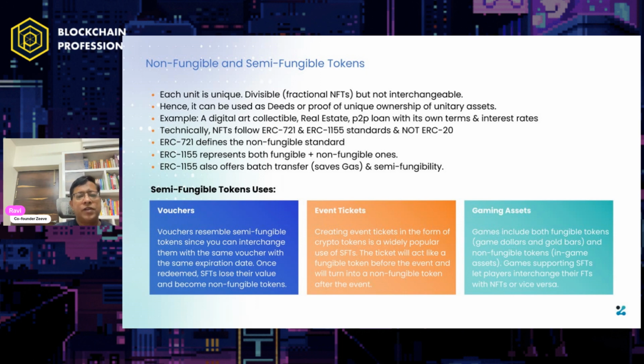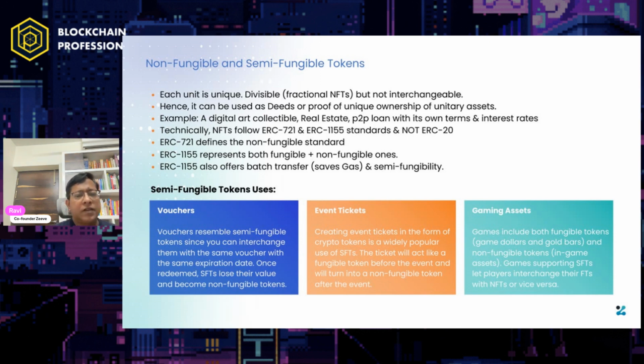If you go to OpenSea, Rarible, any NFT marketplace, most of the NFTs that you see have been created using an ERC 721. But yes, there are some kinds of assets where you require non-fungible tokens as well as fungible tokens. And if you want to have a combination of the two, that is where ERC 1155 comes in, which allows you to represent both fungible and non-fungible tokens together.